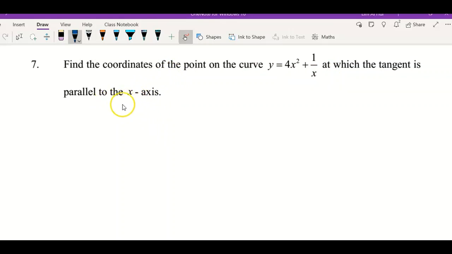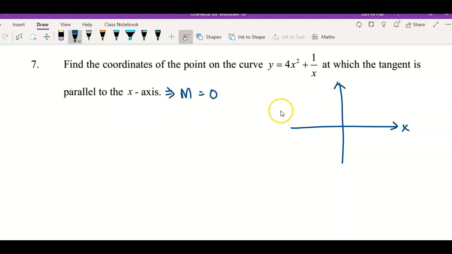If a tangent is parallel to the x-axis, what is the gradient? The gradient is equal to 0. It's a horizontal line, meaning that its gradient is equal to 0.